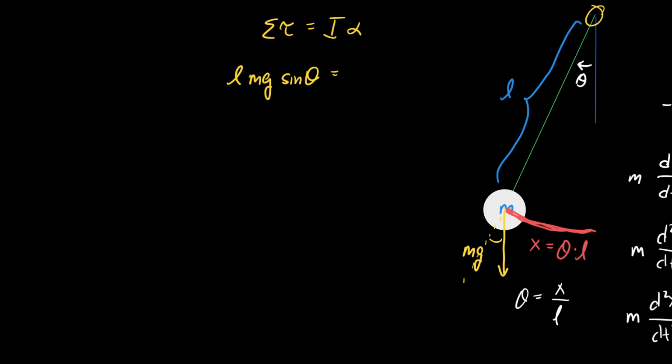So what's the moment of inertia of a point mass? So this will be ml squared times alpha. All right, let's write this as a second order differential equation. Alpha would be the second derivative of theta with respect to time, because alpha is d omega dt, and omega is d theta dt.